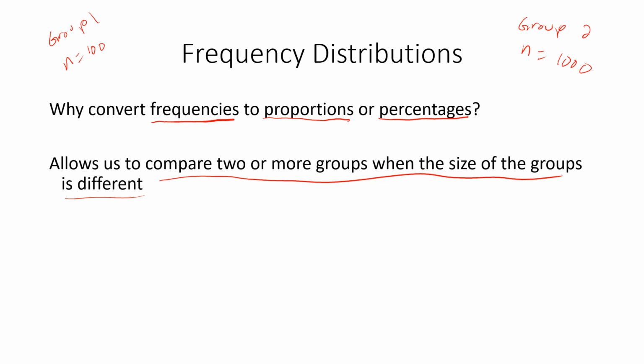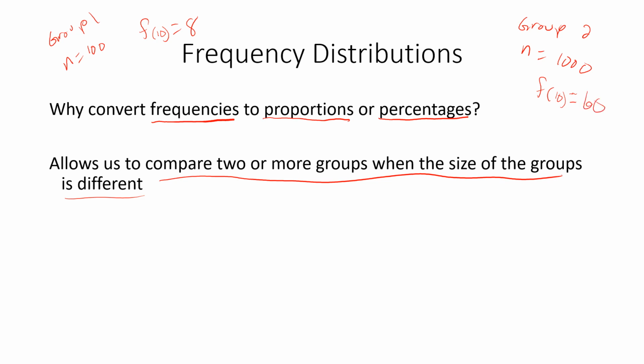So in the first group, you had, let's say, 10 people that got a score of 10. Let's use a different number than 10. Let's say you've got 8 people that scored a 10. So the f of x for 10, the frequency of a score of 10, is equal to 8. Over here, the frequency of a score of 10, let's say, is 60.